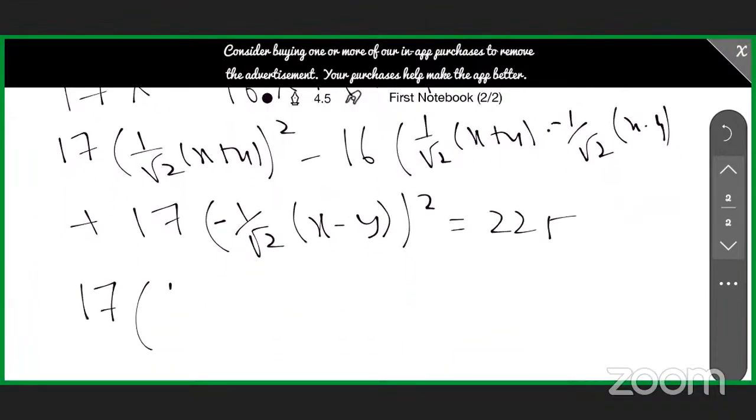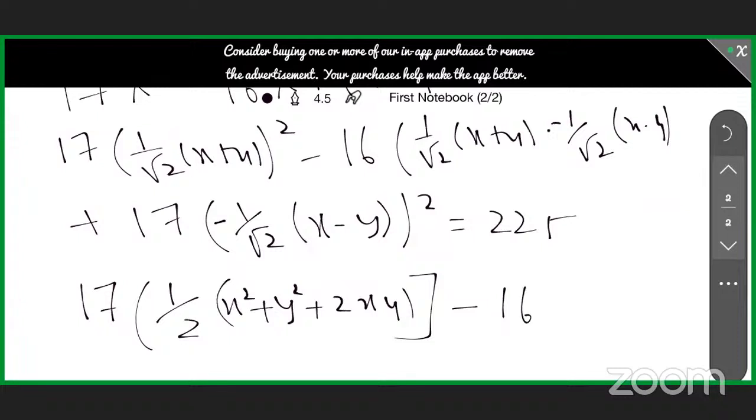17 into 1 by 2 into x square plus y square plus 2xy, into bracket. Minus 16 into, I'll cancel, okay, this is not cancelling, so we'll keep it as it is. So this will be 16 into 1 by 2 into, plus 1 by 2 minus 1 by 2 will become correct now.